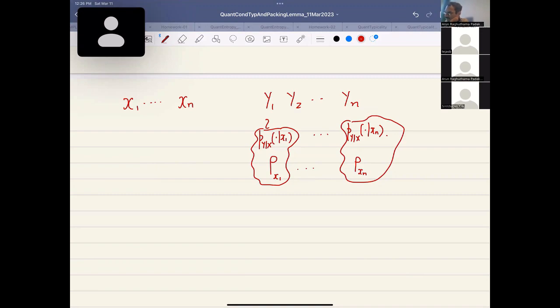So remember, when I prepare a quantum state with the density operator rho x1, this is not a perfect characterization of the quantum state. This is your best understanding of that quantum state.